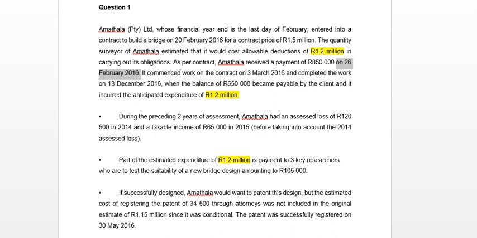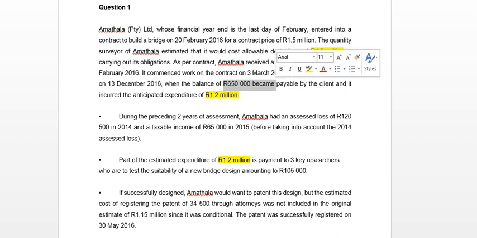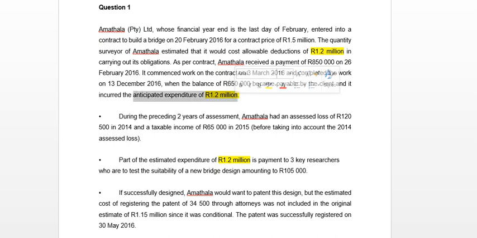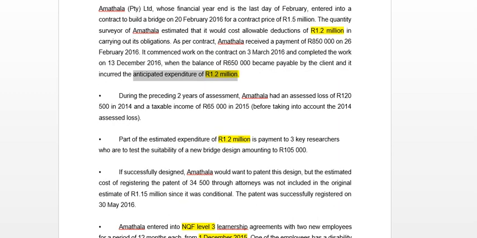Then we started our contract on the 3rd of March, in the 2017 year of assessment, because remember that starts on the 1st of March. We completed the work on the 13th of December, where we received 650,000 Rand, the remainder of the 1.5 million Rand. And that's also when we incurred all the expected expenditure of 1.2 million Rand.